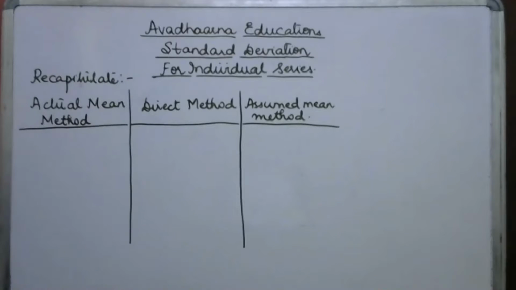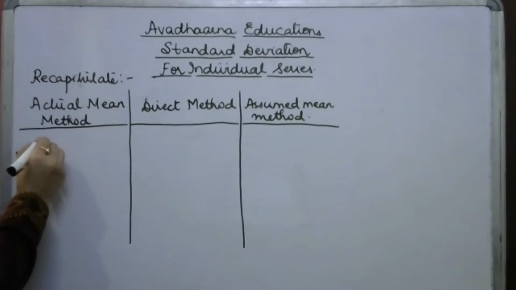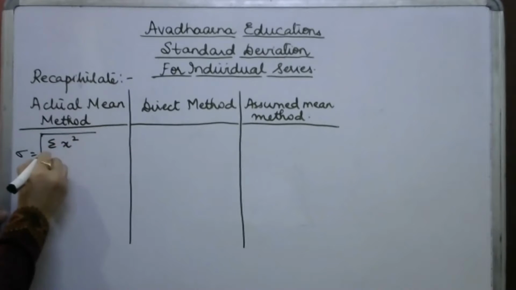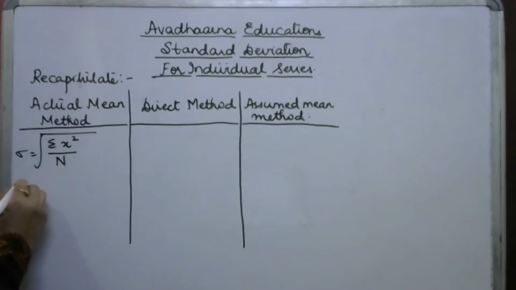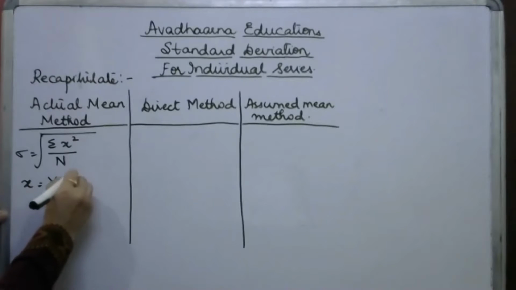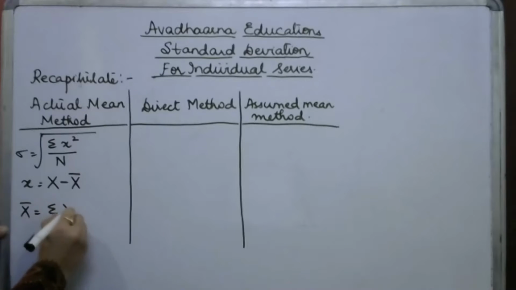First was the actual mean method, and the formula is under root of summation of small x square over n, where small x is nothing but the deviations of x from the actual mean. And we know that actual mean is calculated as summation of x over n.